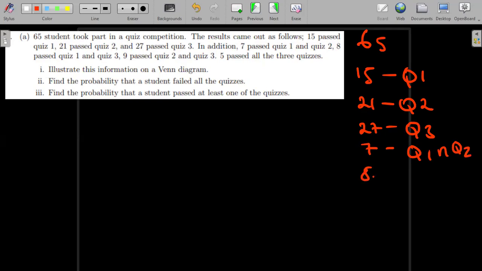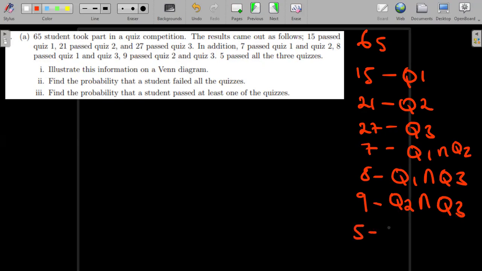Then 8 managed to pass quiz 1 and quiz 3. Then 9 passed quiz 2 and quiz 3. Then they're telling us that 5 managed to pass all the 3 quizzes. That's quiz 1, quiz 2, and quiz 3.